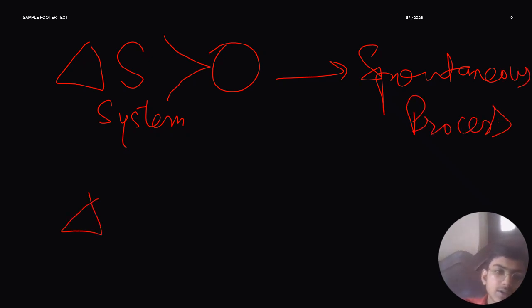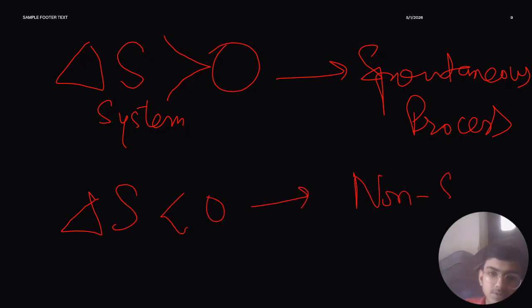Okay. If it is less than 0, it is called a non-spontaneous process. So actually we discuss the spontaneity of a reaction using entropy. Now this is a very basic definition of entropy. In a more advanced version we discuss it in a more detailed way.